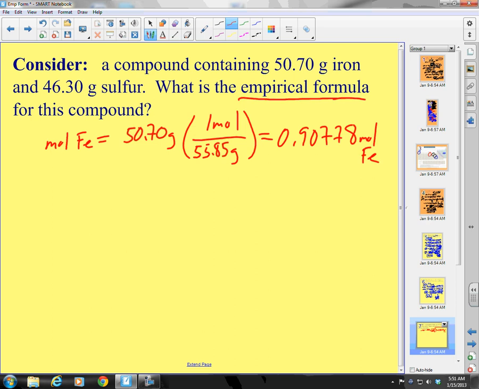Now we don't want to round here. Remember, we really don't want to round at all in this until we get to the very, very end, and then we don't want to round much. So don't round this first number. Moles of sulfur is equal to what? 46.30 grams of sulfur times 1 mole of sulfur per what?